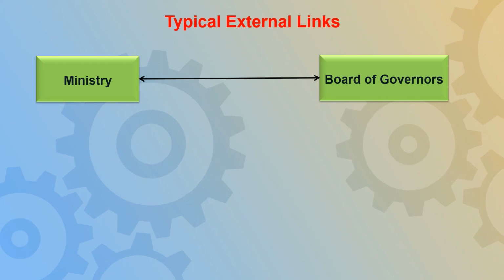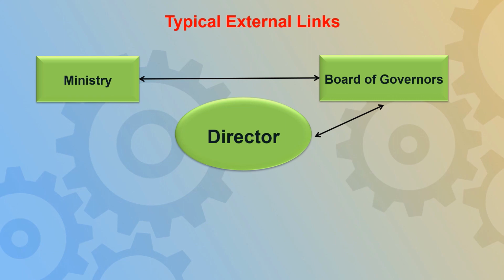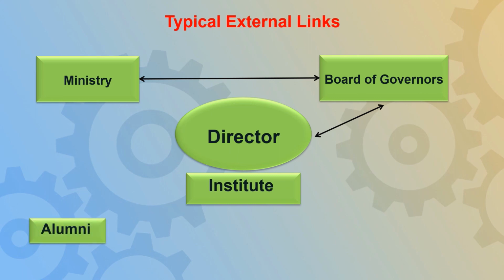Director will be directly functioning under the directive of the board of governors in major general issues, not day-to-day administration. Then director is directly at the head of the institute as the chief executive officer. And of course, director will have to also deal with the alumni and also in many cases the public.